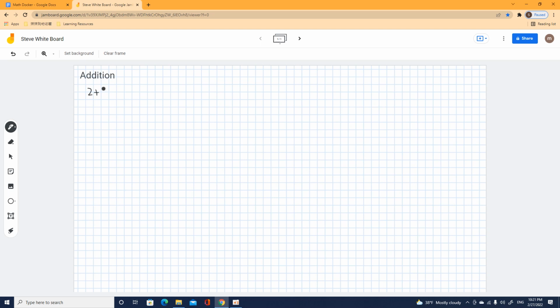For example, this one, or something like this. Those kinds of things. In order to find the result of real numbers addition, I give some suggestions. If you follow those suggestions, you can definitely get the correct result.